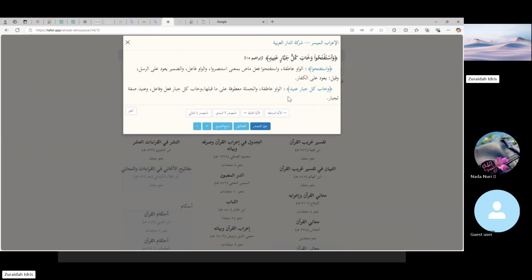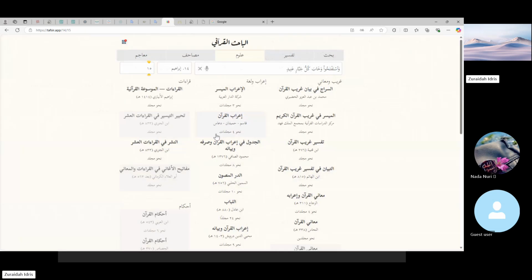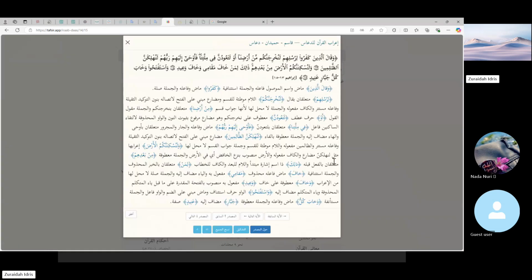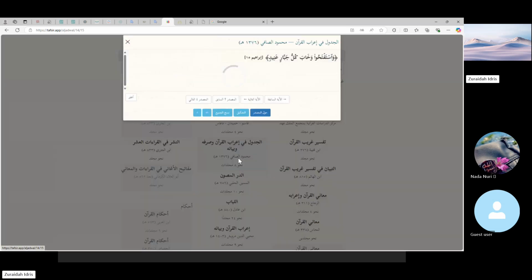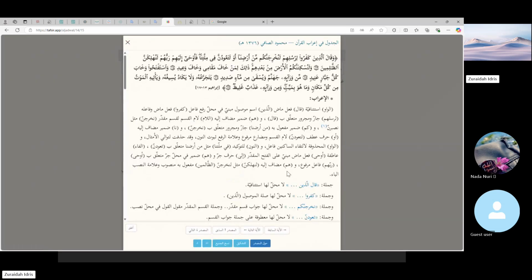We said anid was a badal at least, if not atf bayan, but here it just says sifah. And if I look at the other one, the I'rab al-Quran, here we are, the last one here, it also says sifa. It doesn't say anything but sifa. So I'm not sure where the source was, but I'm sure there is one. If not, he would not have said it.